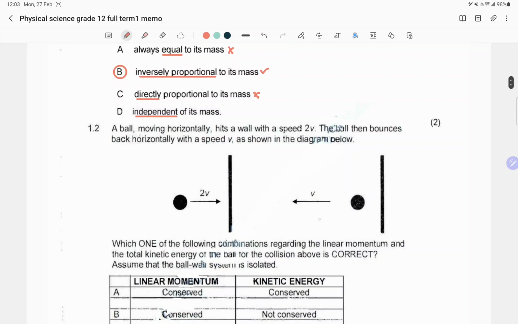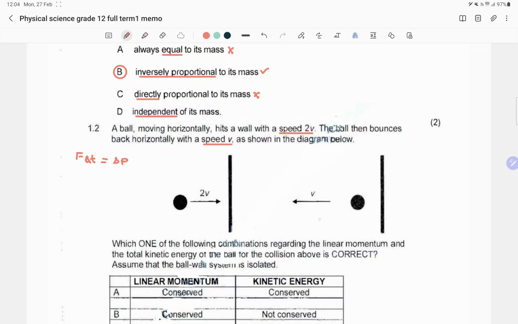Next one: a ball moving horizontally hits a wall with a speed of 2v. The ball then bounces back horizontally with a speed v, as shown in the diagram below. Once you see a ball and the wall, think of the impulse equation, because there's going to be an impact here. Impulse is equal to the change in momentum.